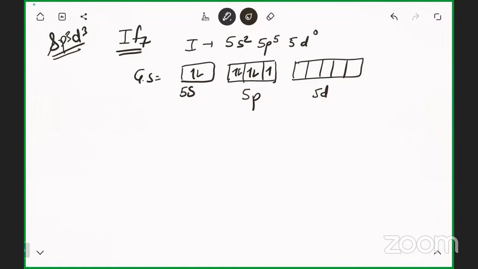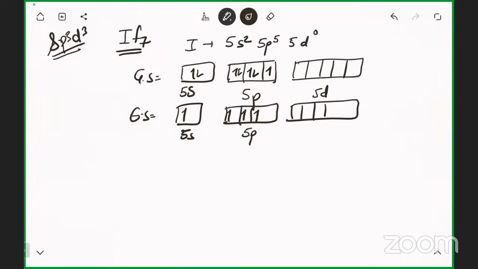So in the excited state, 1 electron will remain in the s orbital, 3 unpaired electrons will remain in the p orbital, and 2 electrons from p and 1 from s will jump into the 5d orbital. Now 7 unpaired electrons are present.